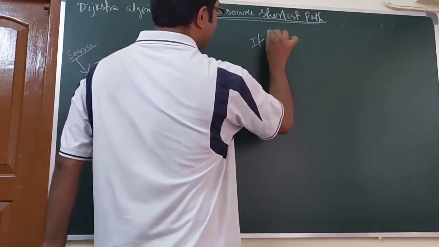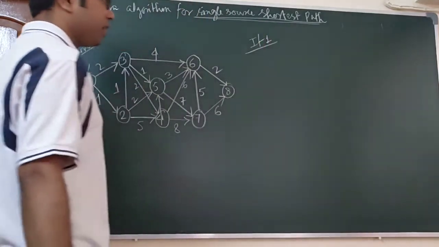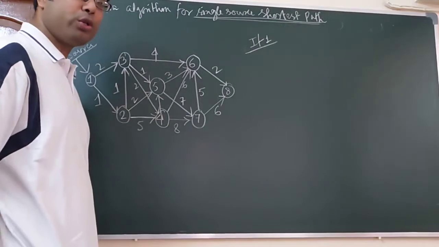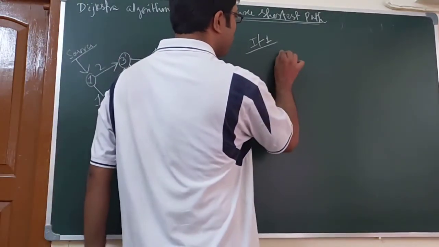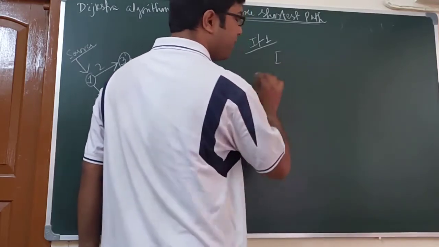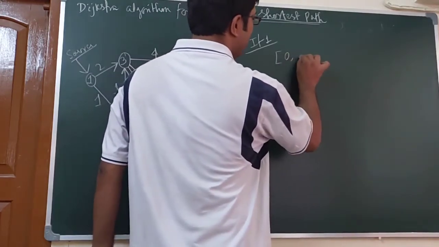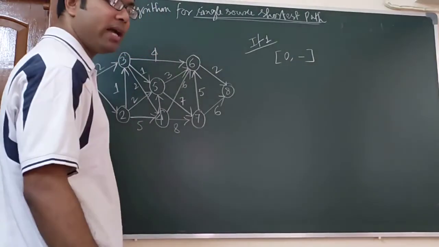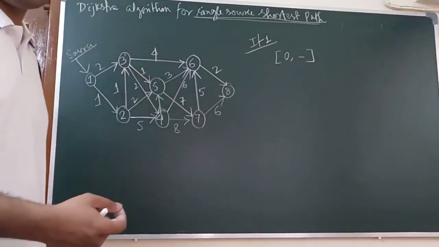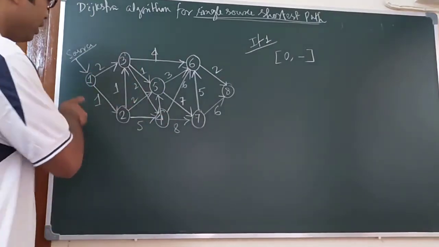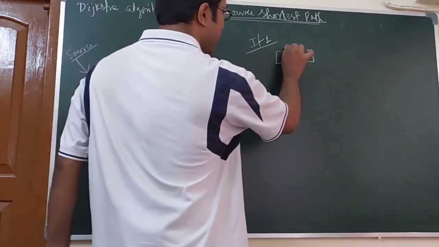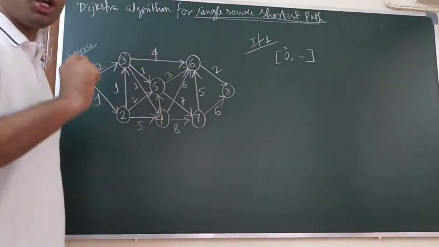In the first iteration we consider the source vertex. The level of the source vertex is 0, null. Why? Because the first parameter is the distance from the source vertex to the particular vertex. Here the source vertex is 1 and the destination vertex is 1, so we put uj as 0.